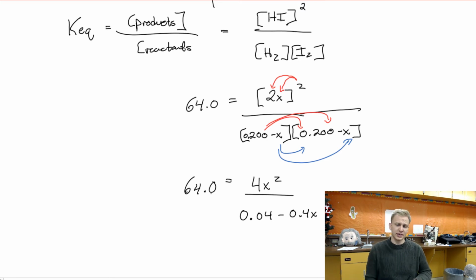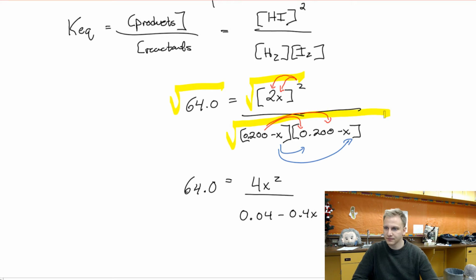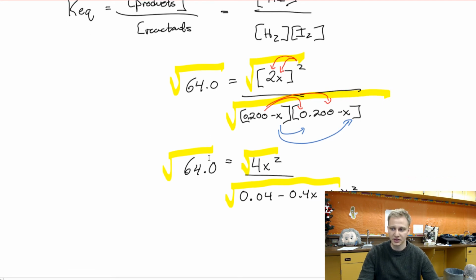Now at this point, and even actually at the point before, what you can start to see is that every single one of these values here can be square rooted. If you have 0.200 minus x and you're doing that twice, that's the same thing as saying it's squared. And so what we know is that each and every single one of these is a perfect square.